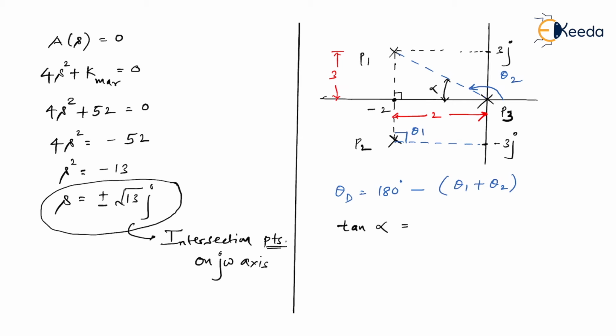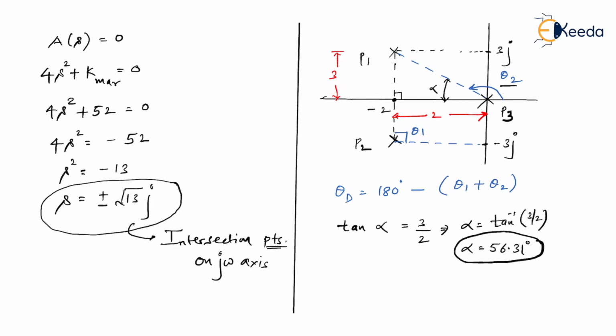So tan of alpha will be equal to 3 by 2. This gives you alpha, which is tan inverse of 3 by 2. Just take your calculator and calculate it. You will get 56.31.